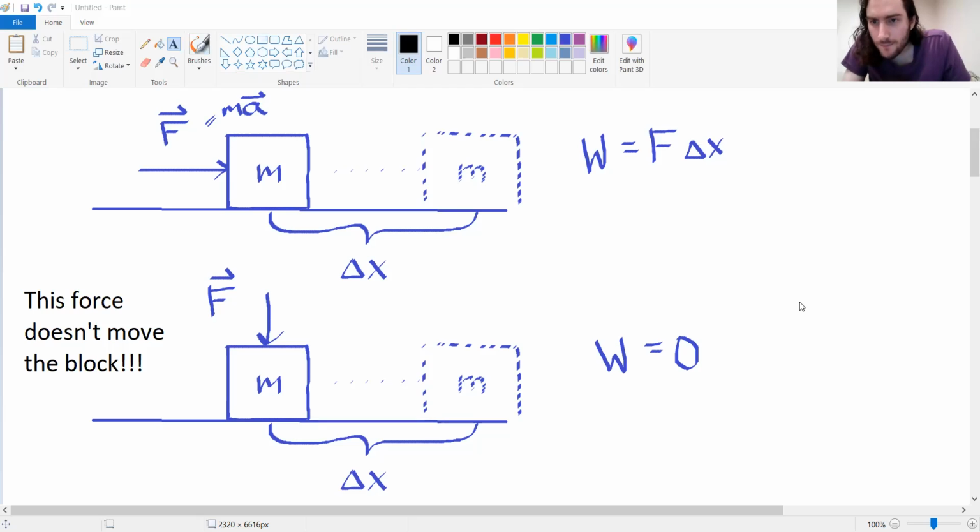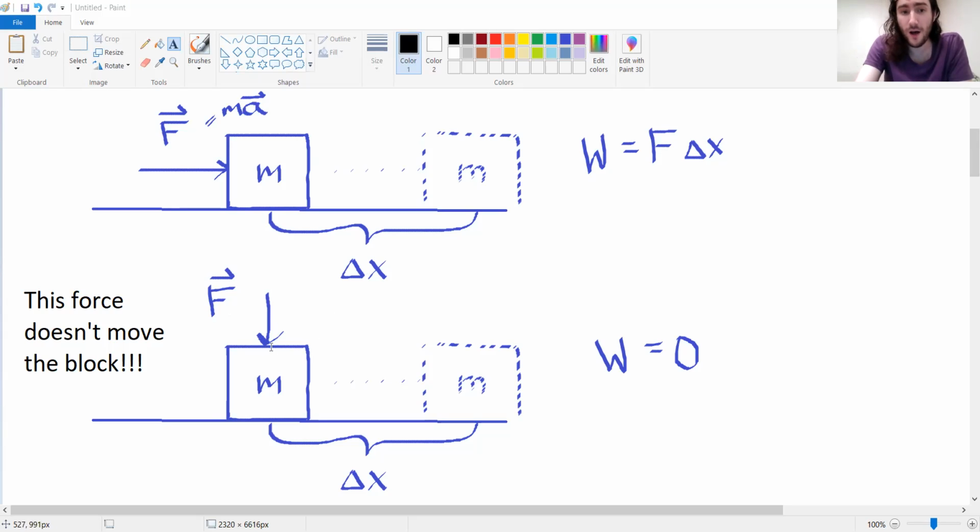okay, Leanne. So if there's no horizontal movement, the work is 0. No, so what we're saying is that the force is being applied from above, but the block is still displaced by an amount delta x. An example of how that might happen is the block could be moving with constant velocity, and we apply a force from above.